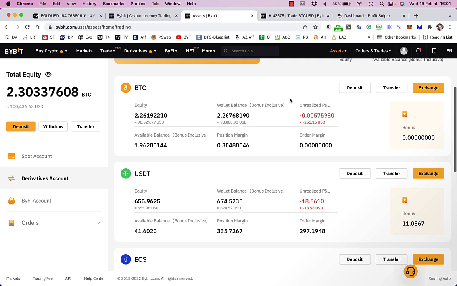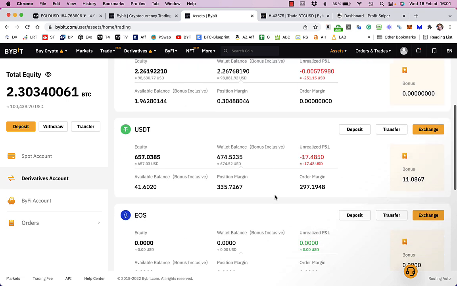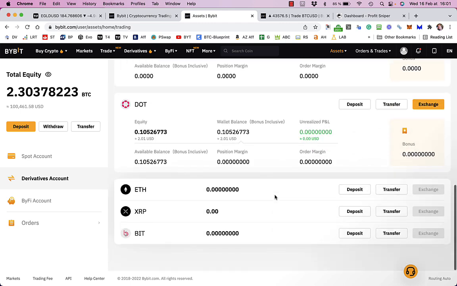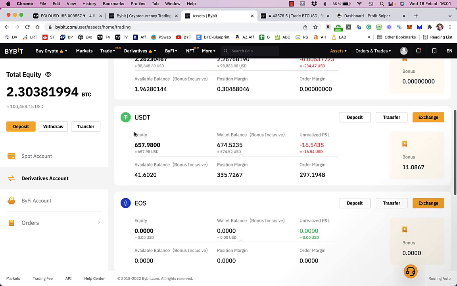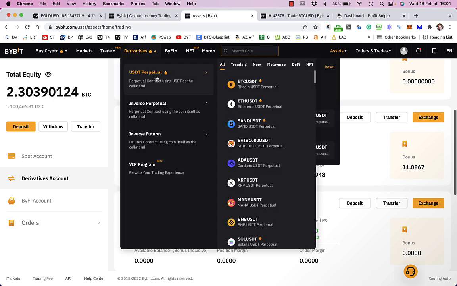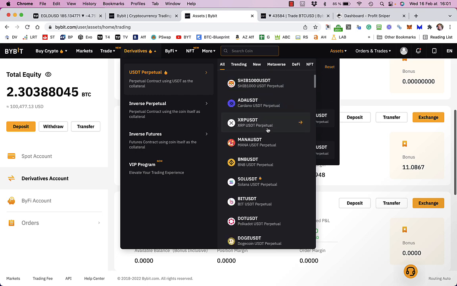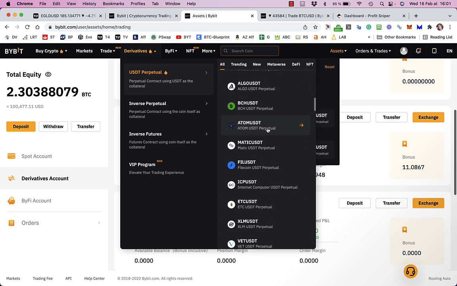And then once you've got it funded, say, for example, I wanted to trade USDT versus EGLD on leverage. I'd come to derivatives. You'd see that in the USDT perpetual, and it's here somewhere.